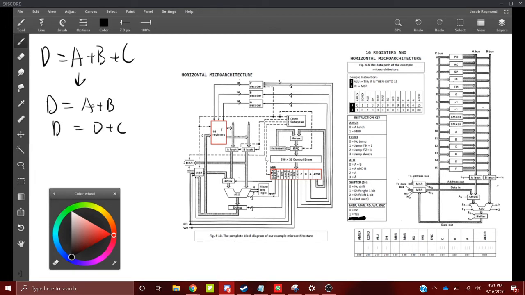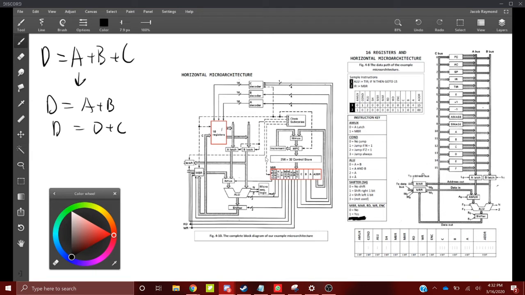And then just split each of these instructions up. But you'll actually get practice with this, learning the vertical microarchitecture. Unless someone wants me to go over maybe another example of this here, I can, but otherwise I can just start with the vertical microarchitecture, which is honestly probably even easier.